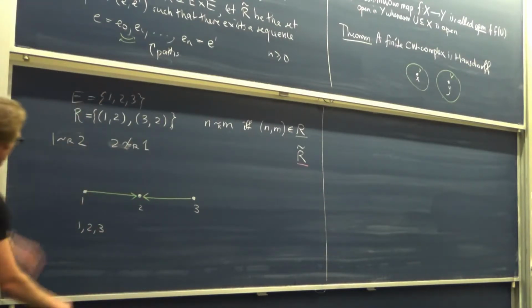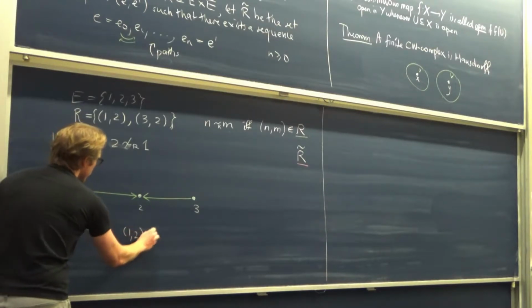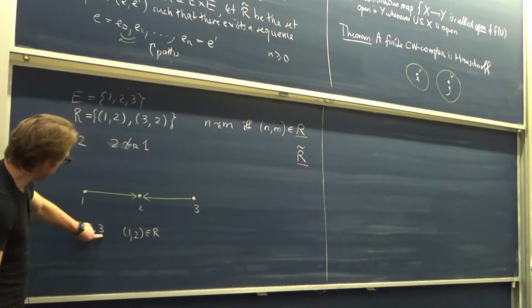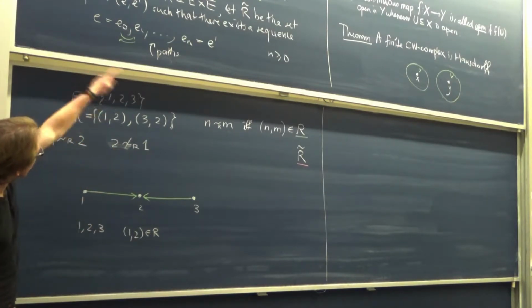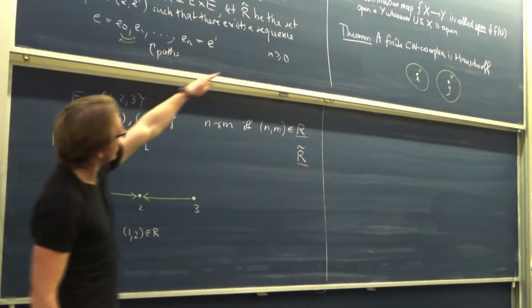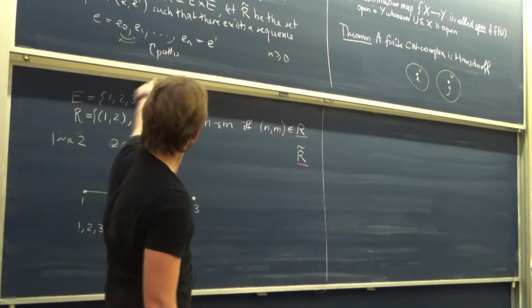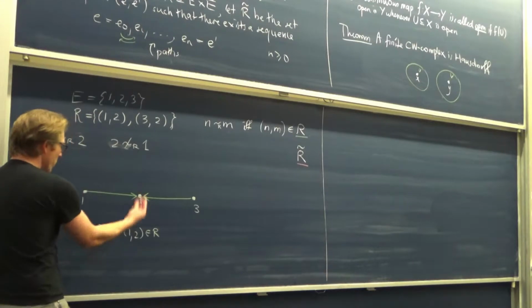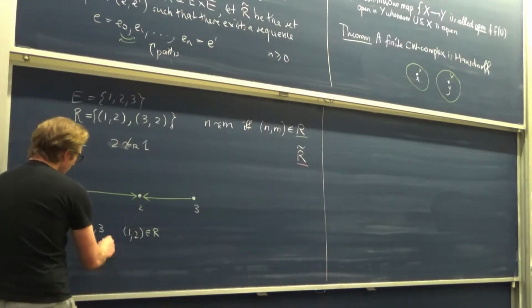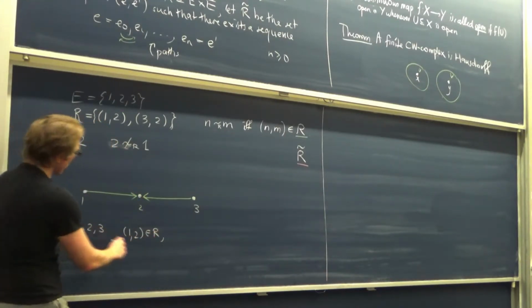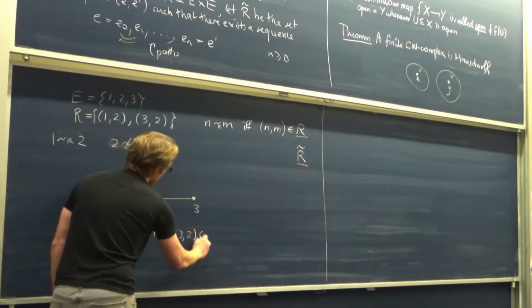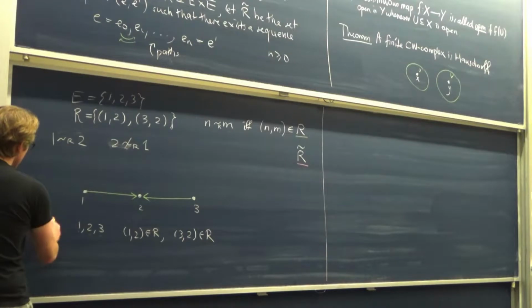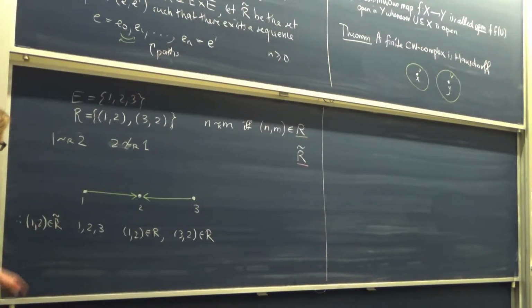That's a valid path of this kind because 1, 2 is in R, and for consecutive pairs in the path, I just need either 1, 2 to be in the relation, or 2, 1 to be in the relation. Well, 1, 2 is in there, so I'm fine. And 2, 3 is not in the relation, but 3, 2 is. Okay, so therefore, 1, 2 is in R tilde.